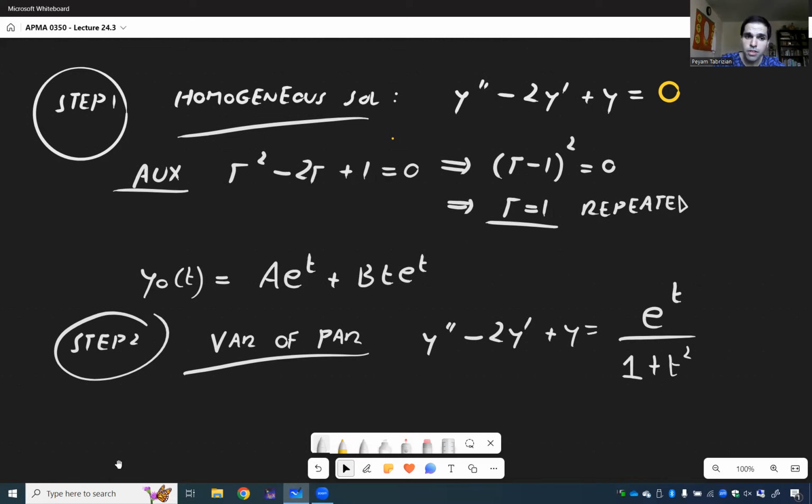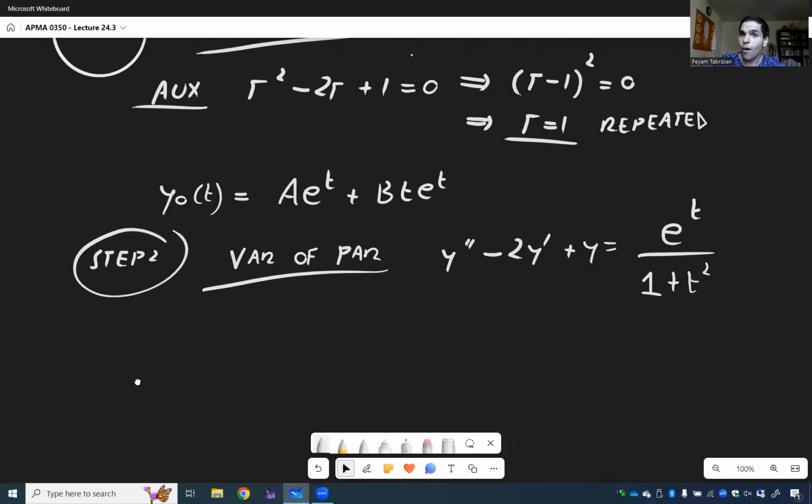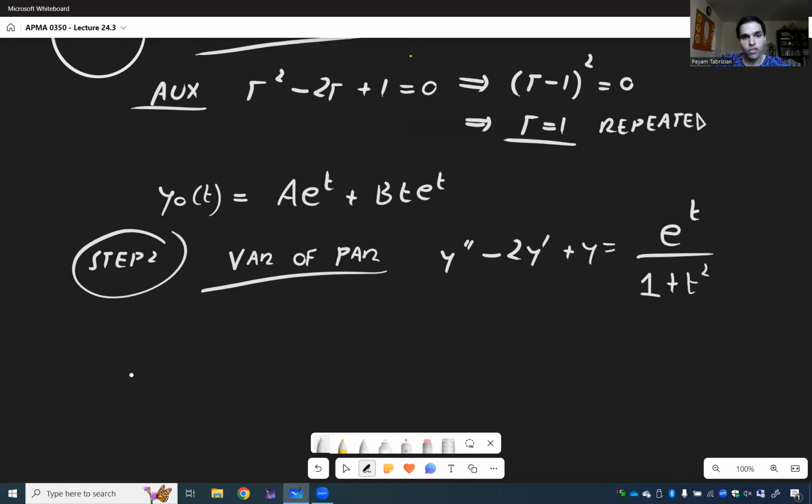And remember, big trap in var of par, you want it to be in standard form, meaning the coefficient of y double prime is 1. So this is in standard form here. And since it's in standard form, we can proceed.